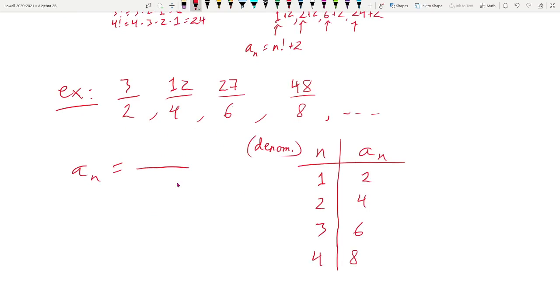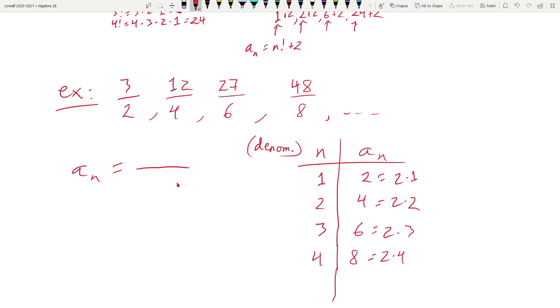And so this one's pretty straightforward. These are all just the even numbers. So this is really just 2 times 1. This, 4, is 2 times 2. 6 is 2 times 3. 8 is 2 times 4.